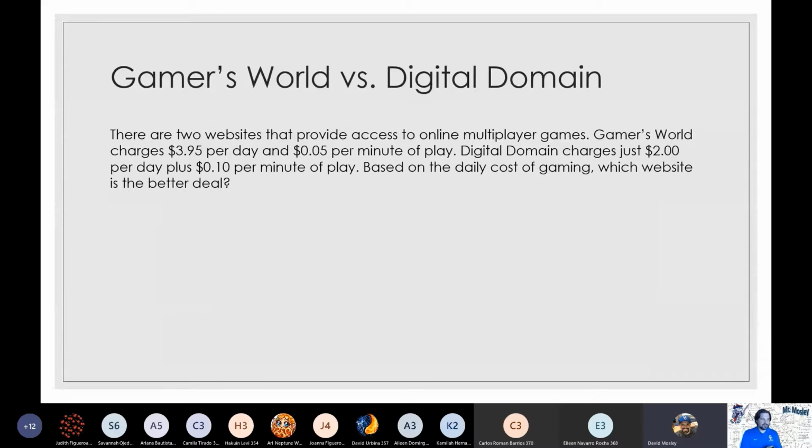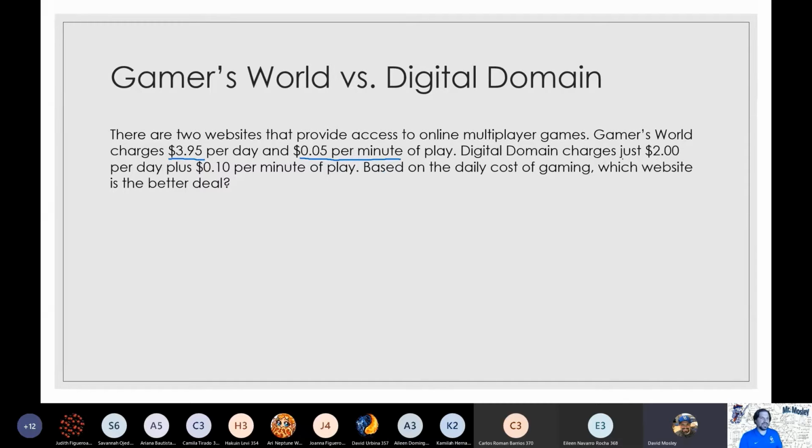Let's look at our Gamers World versus a digital domain example first. Let's use blue. There are two websites. We already read through this. We have $3.95 per day and 5 cents per minute.